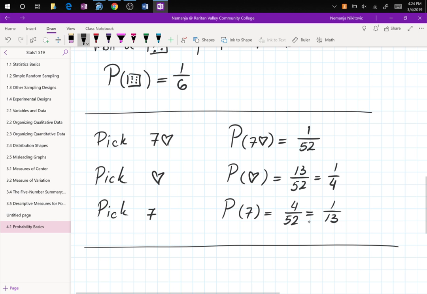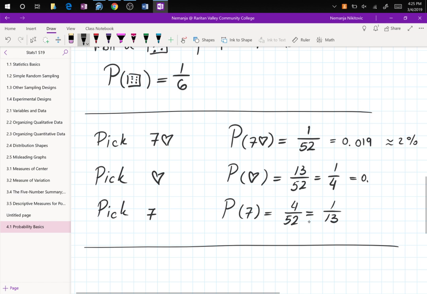and compute the decimals. 1 divided by 52 is 0.019. This is about 2% chance. About 2% chance to pick exactly the card you want out of a deck of 52 cards.